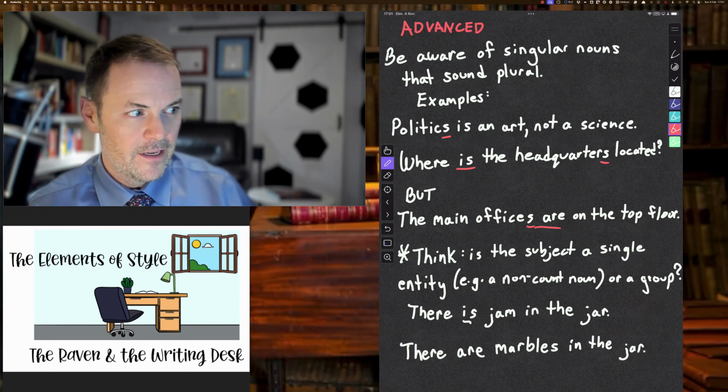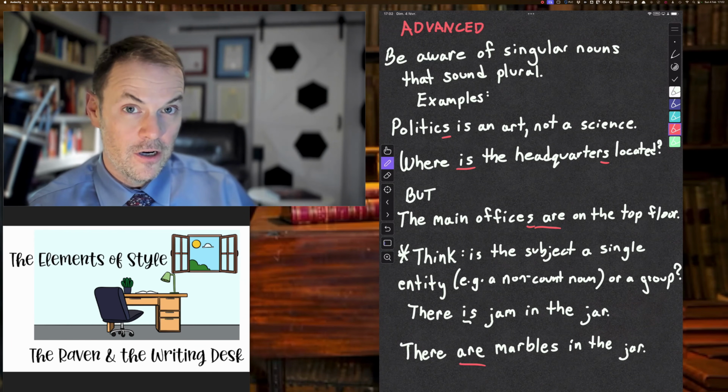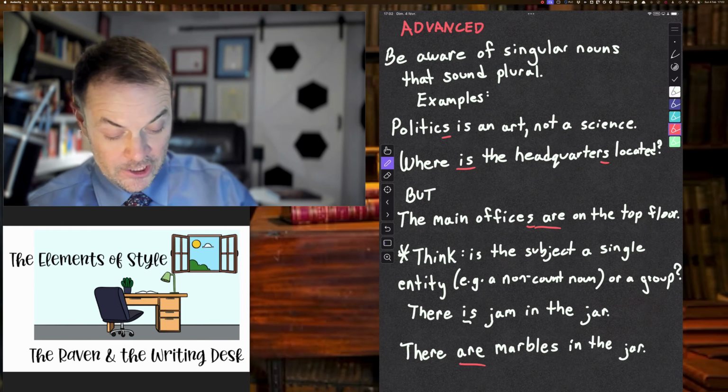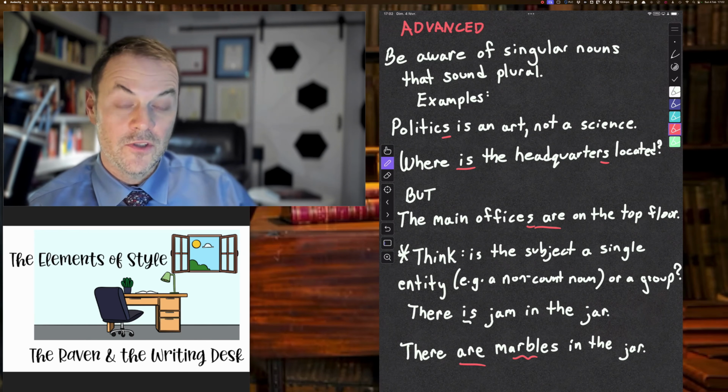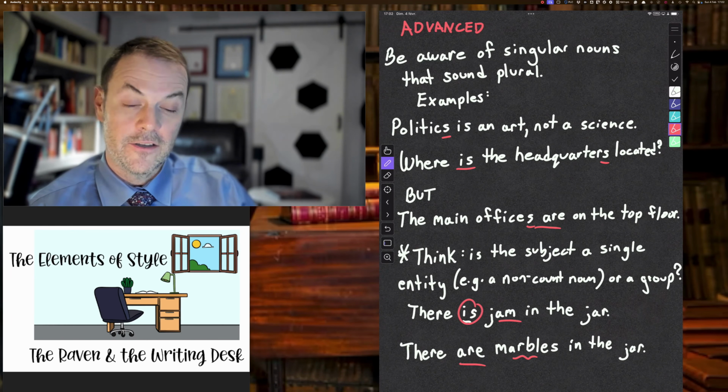So you need to think, is the subject a single entity, a non-count noun, or a group? There is jam in the jar, but there are marbles in the jar. What's the difference? I can try to count the marbles, but I can't count the jam. And because I can't count it, a non-count noun becomes singular.